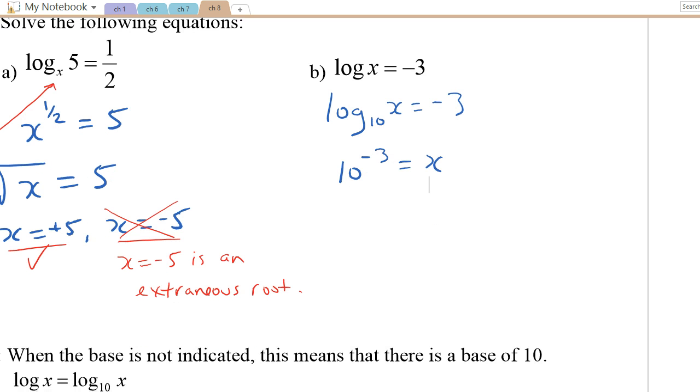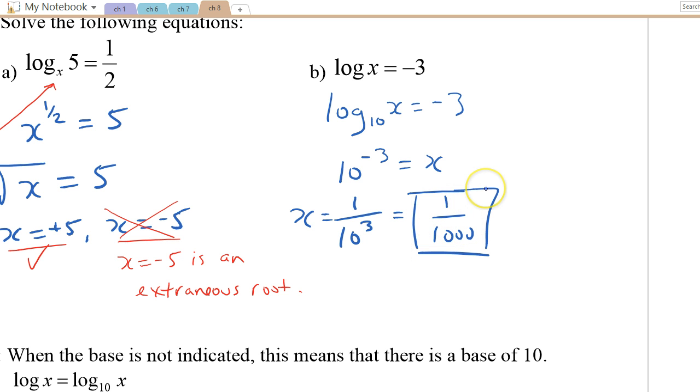And in fact, it kind of makes sense because we can actually solve this question. What is 10 to the power of negative 3? It's the same thing as 1 over 10 to the third power. So that would be equal to 1 over 1,000. And you can leave it in fractional form. If you really wanted to do tenths, hundredths, you could put it into decimal form if you wanted to.